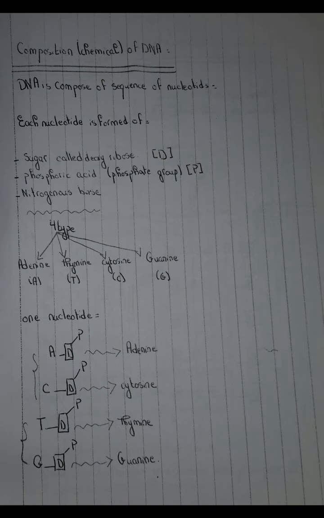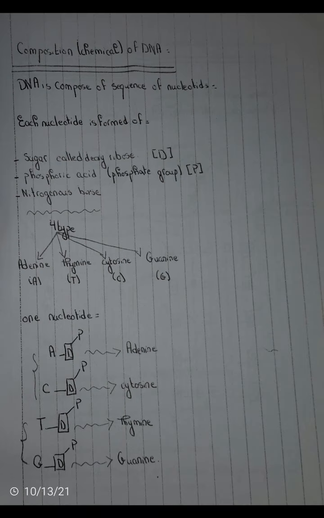Again, I'm going to repeat. DNA is made up of nucleotides. Each nucleotide, in turn, is made up of deoxyribose sugar, phosphoric acid, and a nitrogenous base. What are the 4 types of nitrogenous base? Adenine, thymine, cytosine, and guanine, okay?